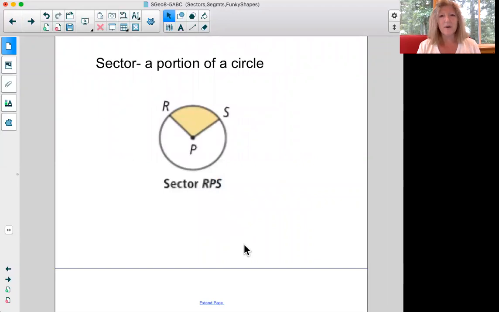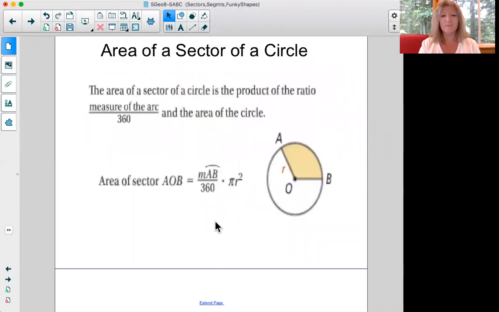So now we can talk about sectors. A sector is a portion of a circle. And the way you would name it would be sector RPS, where your center point is in the middle. And how do we find the area of a sector? Well, the area of a sector is a fraction of the whole circle. How do we figure out what fraction it is?